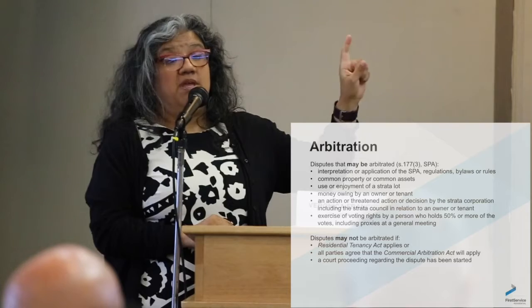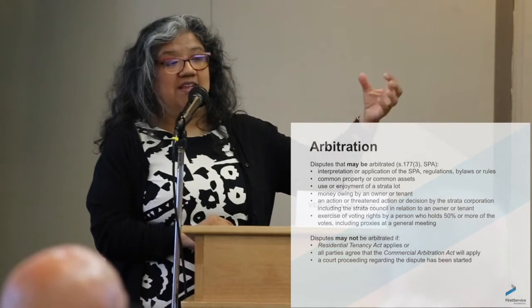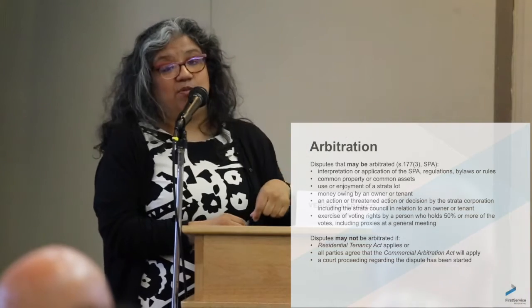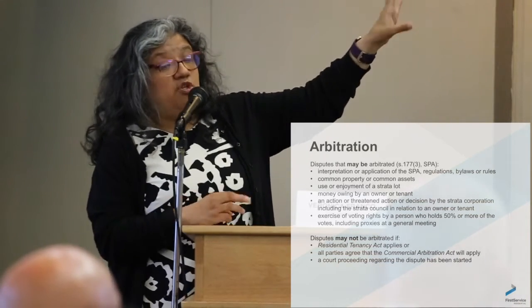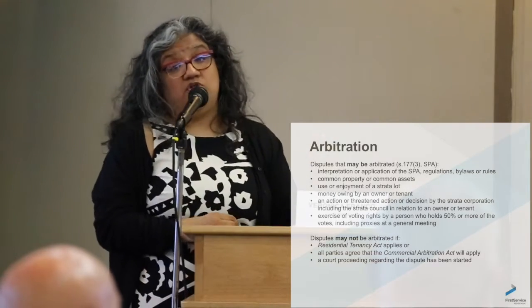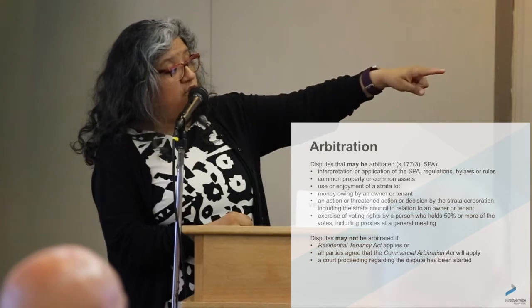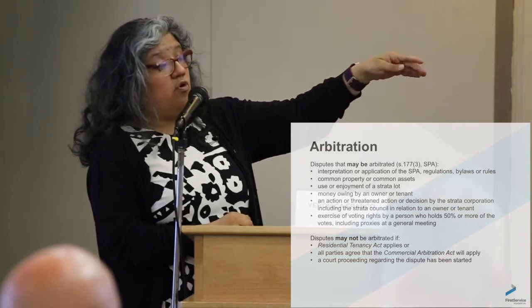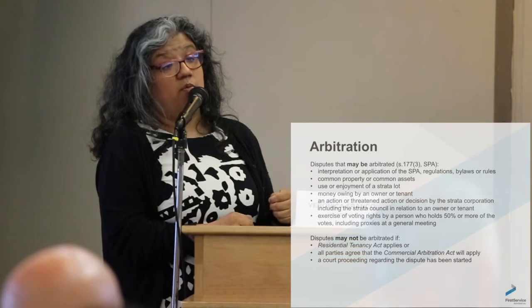It means even though you didn't agree to it, if it's in the document that any dispute is to be resolved under the Commercial Arbitration Act, you won't be able to use the strata corporation arbitration process, or actually the Civil Resolution Tribunal. So the Commercial Arbitration Act is a separate process than the arbitration that's available under the Strata Property Act.